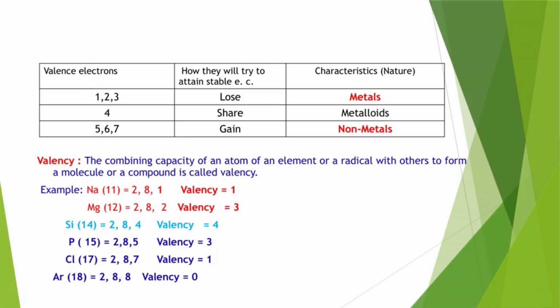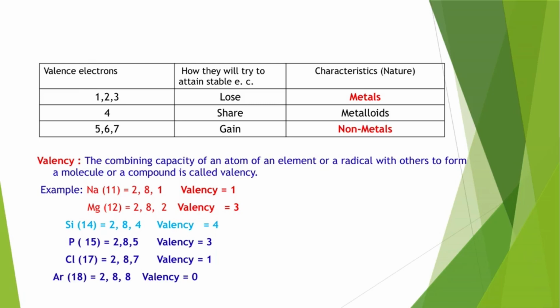So, how can they do that? Okay. That is written there: while doing the electronic configuration, if an element has either 1, 2 or 3 electrons in its outermost shell, it will try to lose these electrons to other elements to undergo a chemical reaction and form a bond.